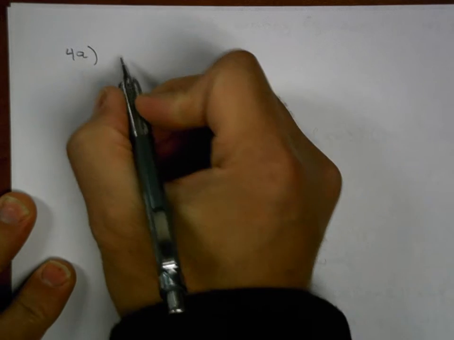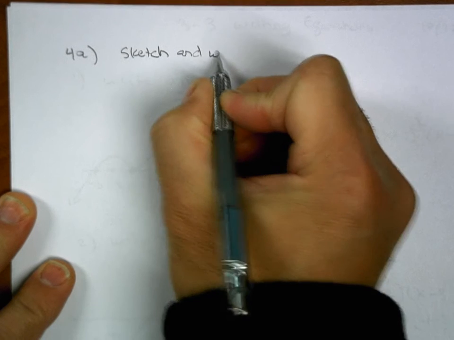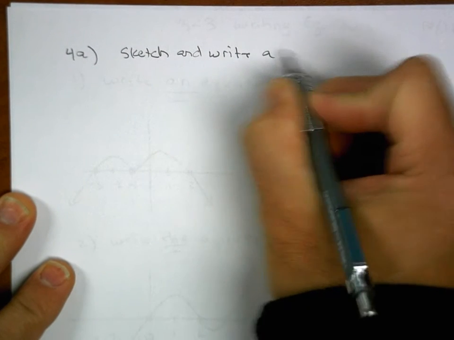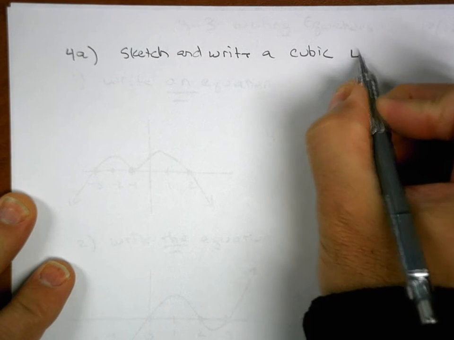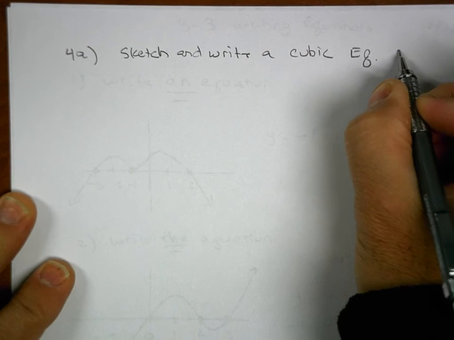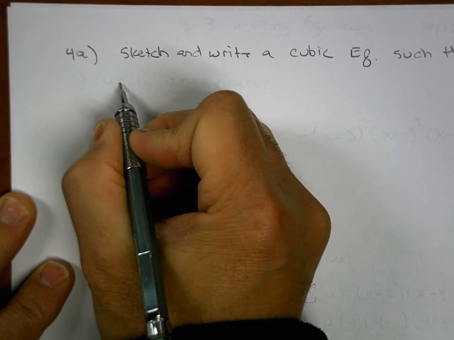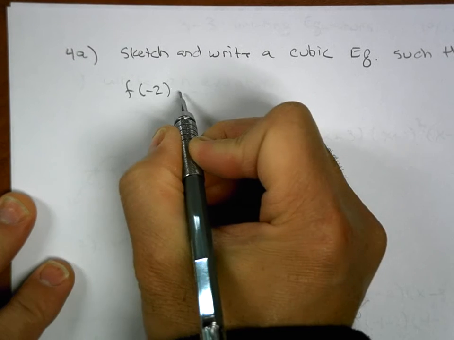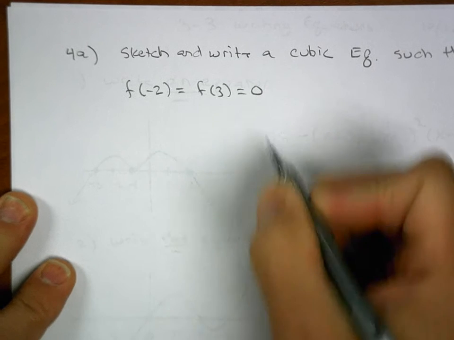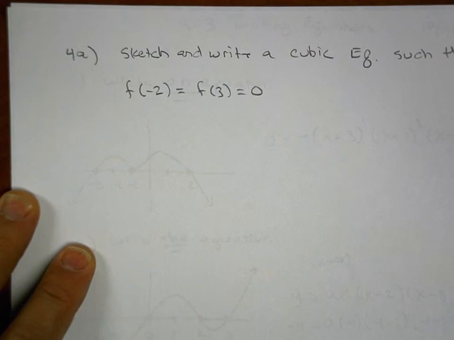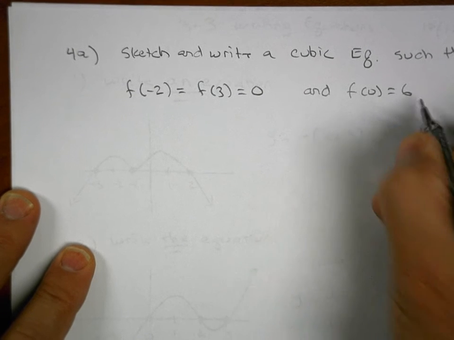Okay, you're going to sketch and write a cubic equation such that, and let me give you the problem, f of negative 2 is equal to f of 3, which are both equal to 0, and f of 0 equals 6.